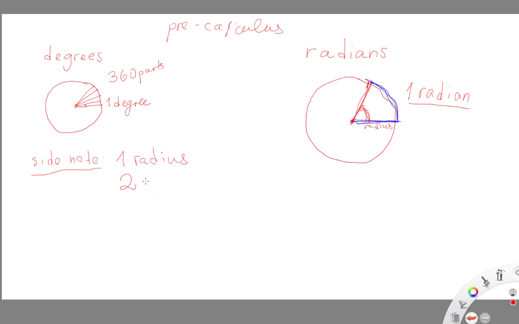We wouldn't say two radiuses, we would say two radii. Two radii. So the plural of radius is radii.